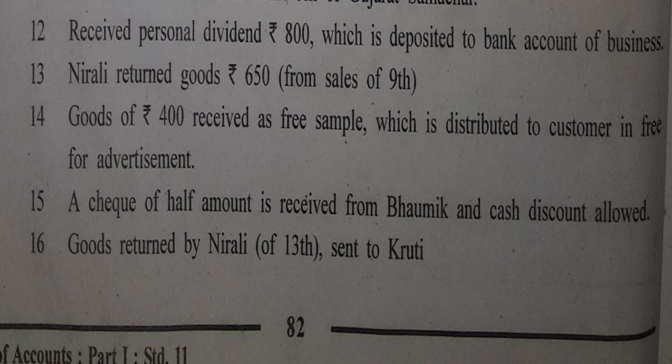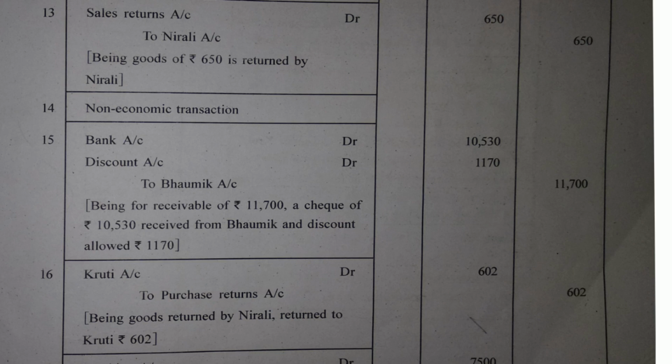Because whenever a debtor or a customer returns goods, it is sales return. And this way goods come into the business. And hence sales return account is debited. Sales return account debit 650. And who is the giver? Nirali. So to Nirali account 650 again. Alright. So this completes our journal entry on 13th.